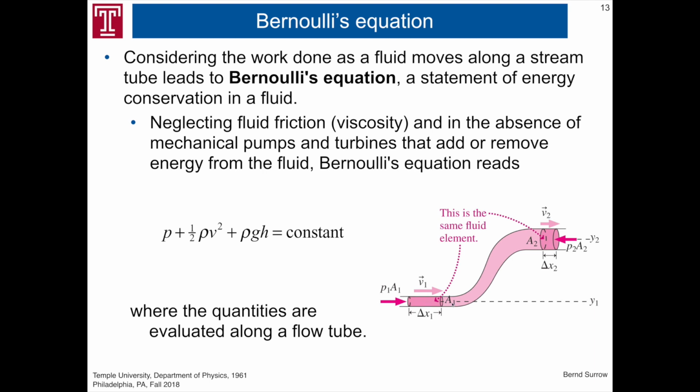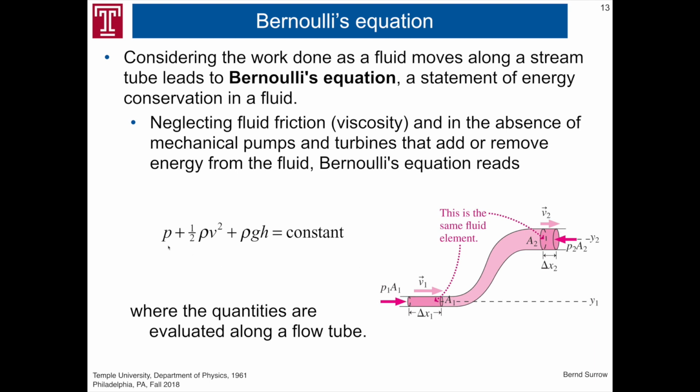In a section of the pipe with an area A1, which you see here at a height Y1, and then a section here with an area A2 at a height Y2 here. You see here the direction of the velocity V1 from left to right, and here the direction of velocity V2 also from left to right. Imagine it's a liquid here.